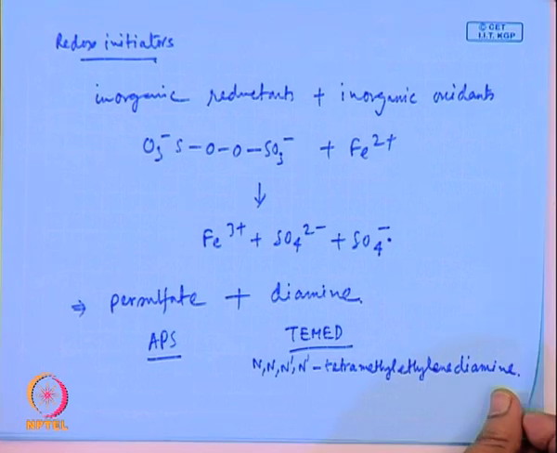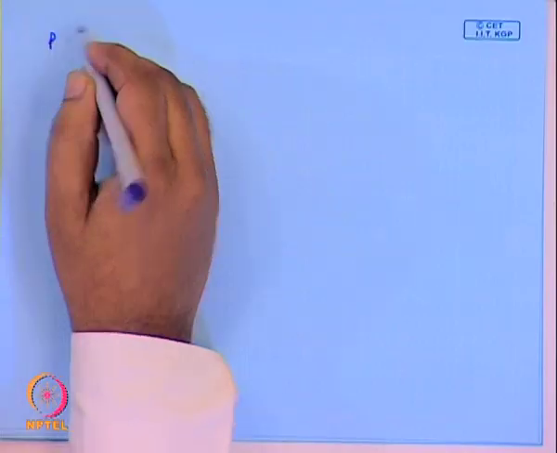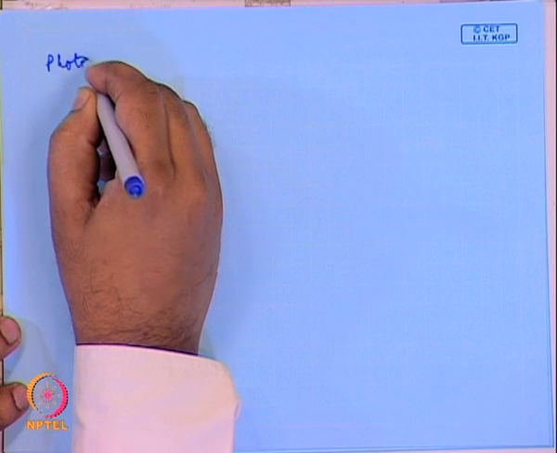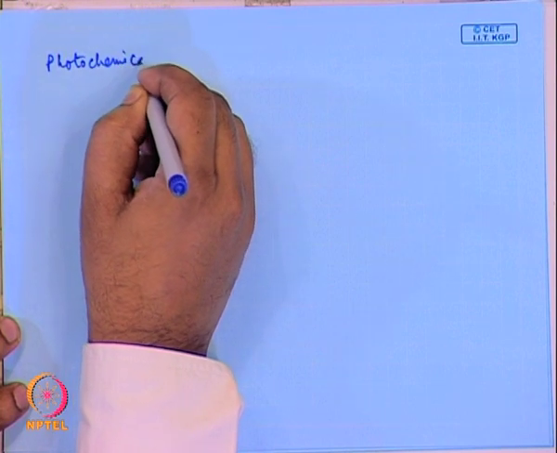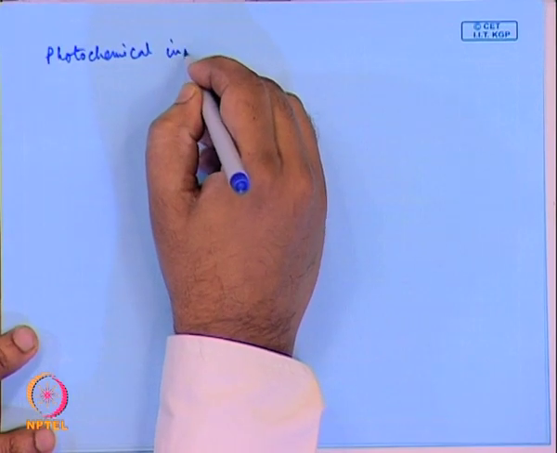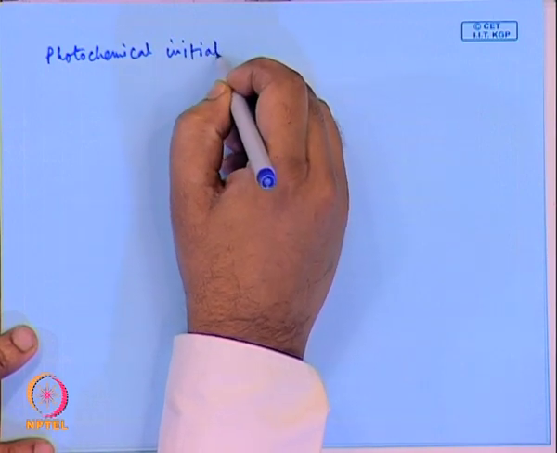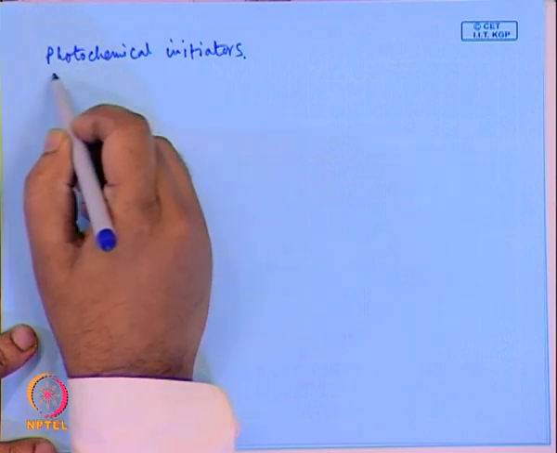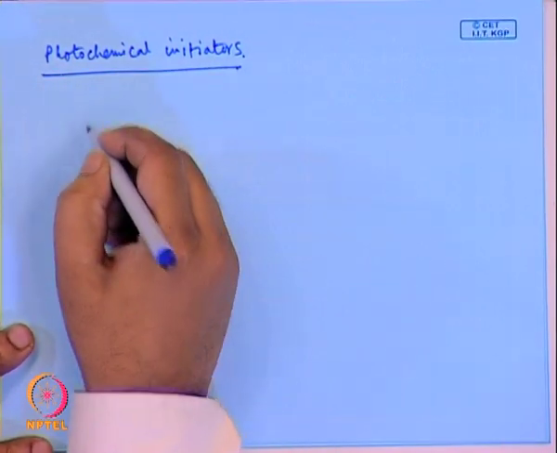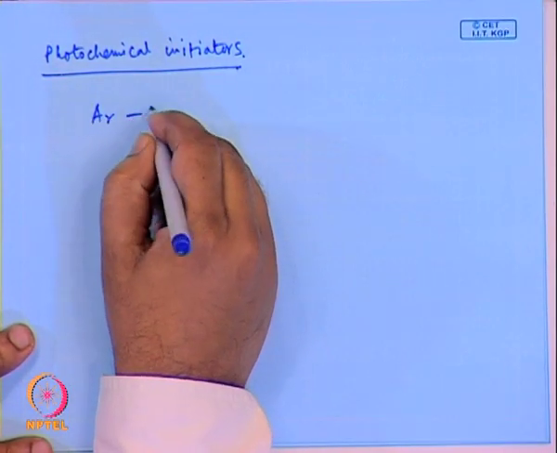The other type you can utilize is photochemical initiator, or photo initiator in short. For example, here you can use aromatic ketones.